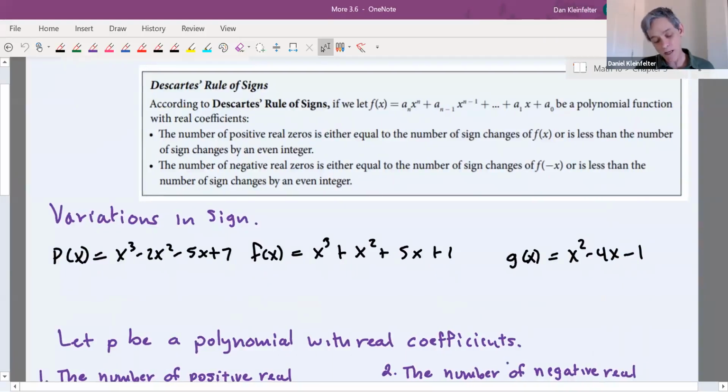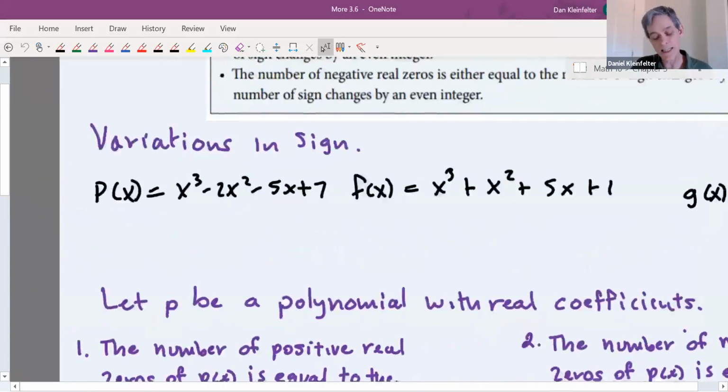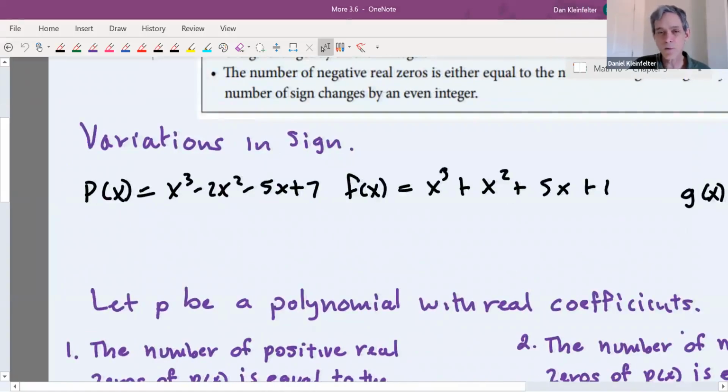All right, so here we'll take this first polynomial on the left. P(x) is x cubed minus 2x squared minus 5x plus 7. We want to think about how many variations in sign that has. That doesn't have to do with what the graph looks like. That literally has to do with the formula. So this starts off with positive x cubed, but then it switches to negative 2x squared.